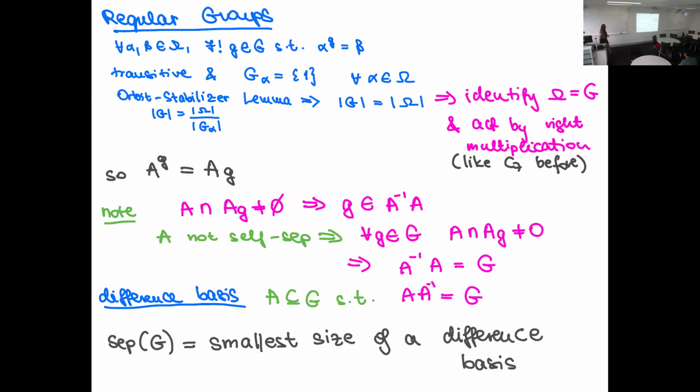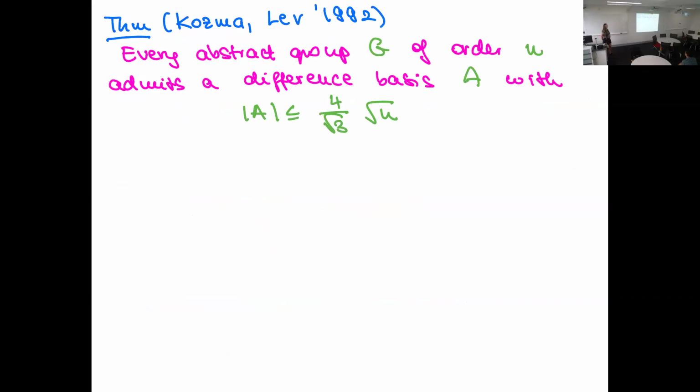And so we can see that the separability number of G in this case will be the smallest size of a difference basis. Lucky for us, the difference basis has been studied, and Lev and Cosma have this result that every abstract group of order n admits a difference basis with the size of the difference basis at most 4 over square root of 3 times square root of n.